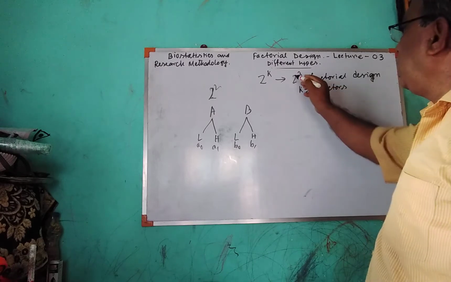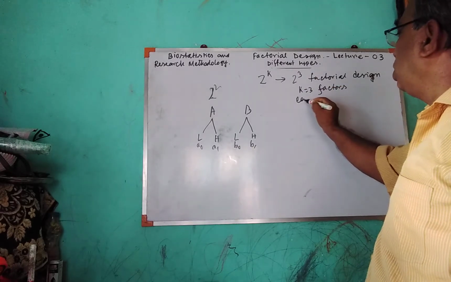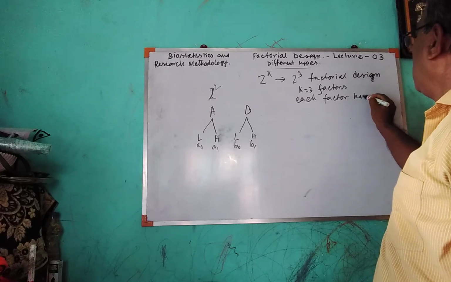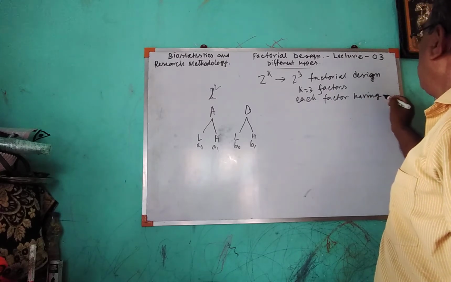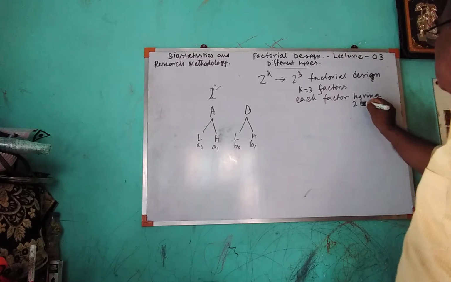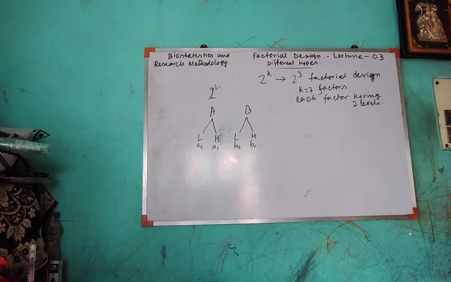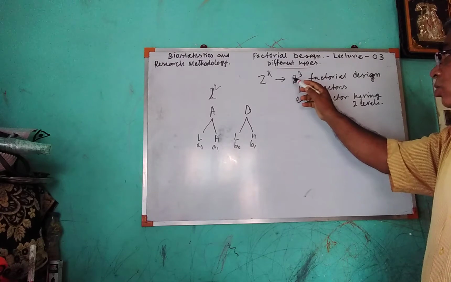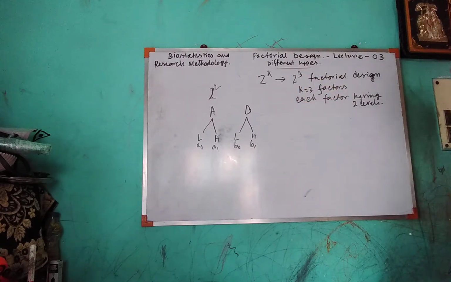And here is 2, that means each factor has two levels. So in 2 to the power k, compared with this, that is a 2 cube factorial design.